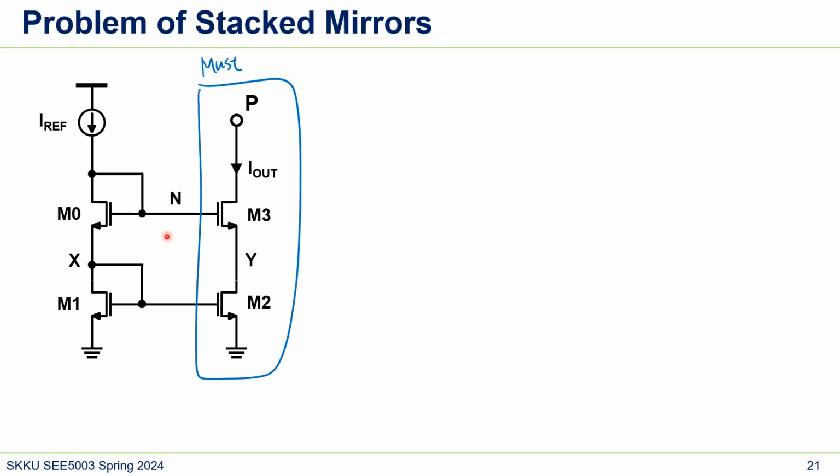And we want to see whether we can change this voltage Vn. So our goal is to reduce Vn. In our current mirror, Vn is VGS1 plus VGS0, right? Because here is VGS1 and then here is VGS2, VGS0.